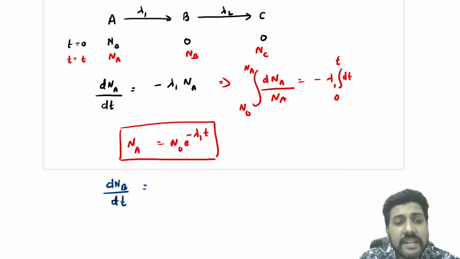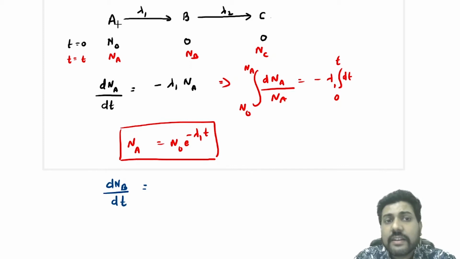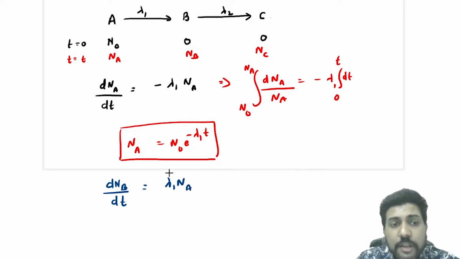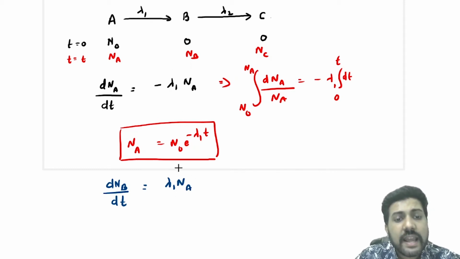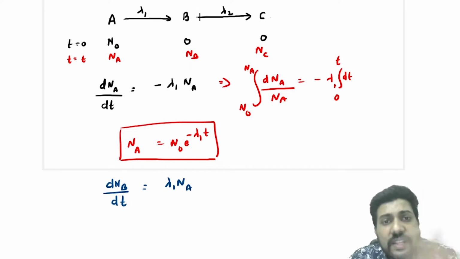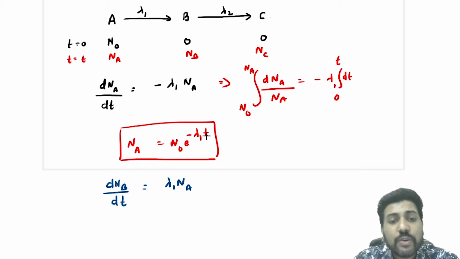So dNb by dt is equal to, now A is decaying with rate constant lambda 1. The rate at which A decays is equal to the rate at which B forms. So you will say dNb by dt is equal to lambda 1 Na. But B is further decaying with a rate constant lambda 2, so I'll write minus lambda 2 Nb.